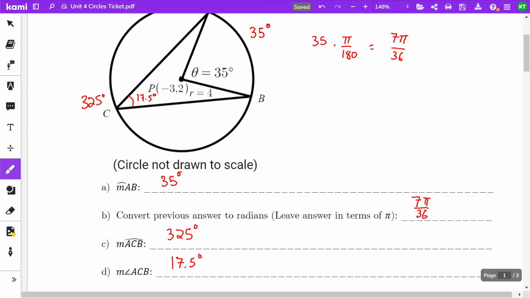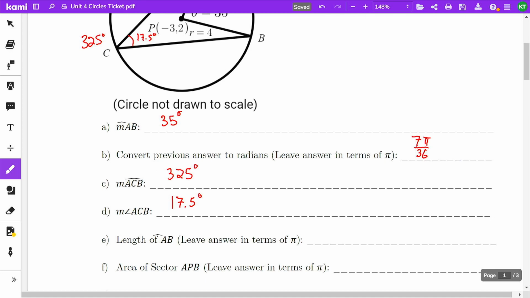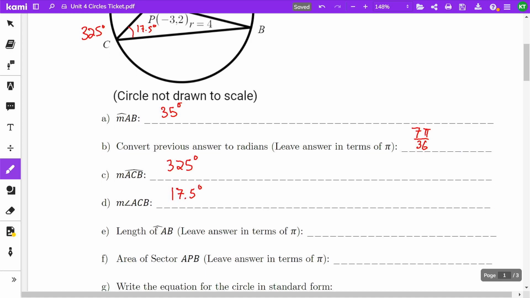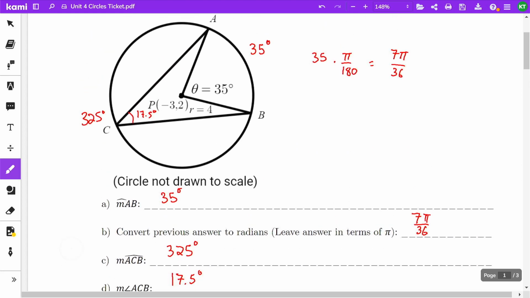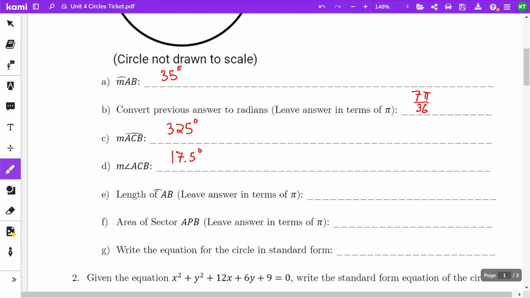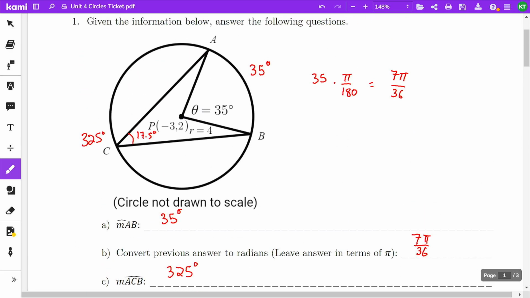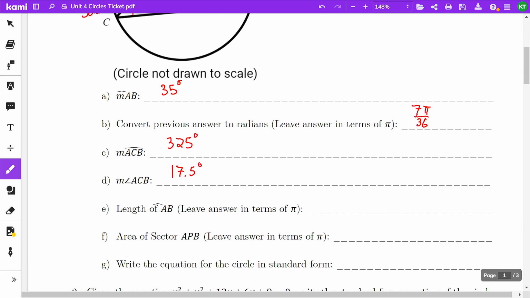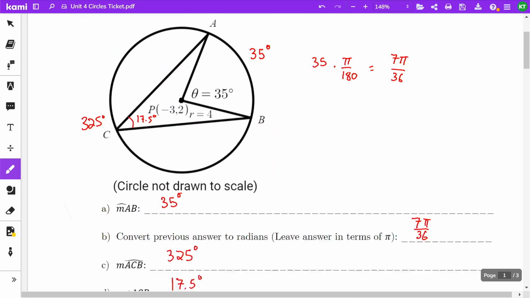All right, here's the part where it starts to pick up a little bit. We have the length of AB and the area of sector APB, where P is the center. And we're going to leave these both in terms of pi.